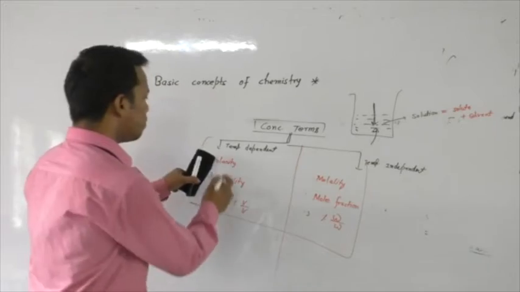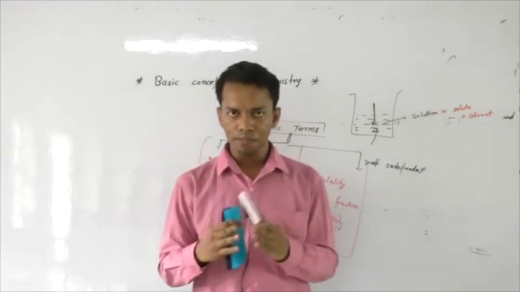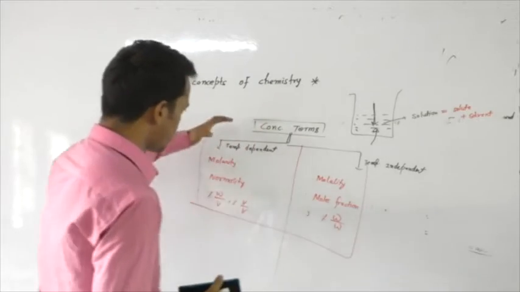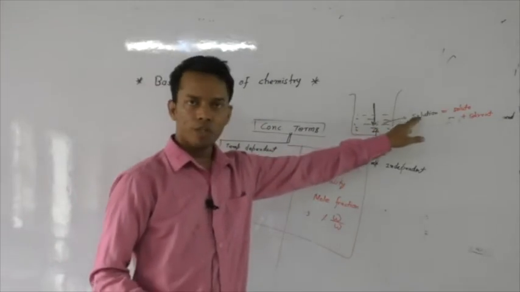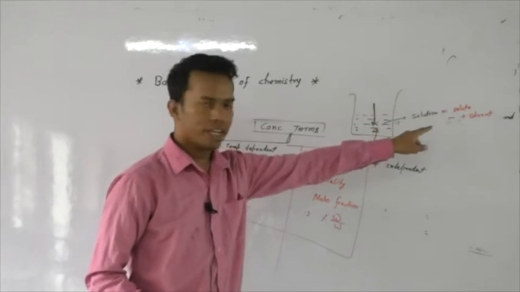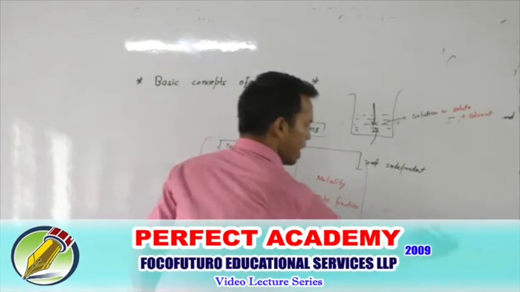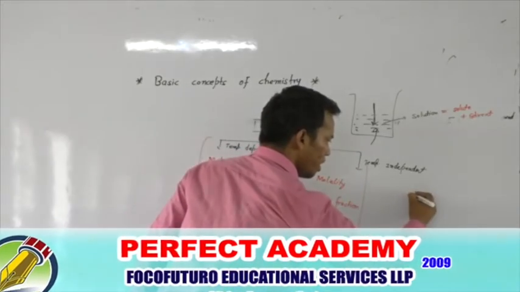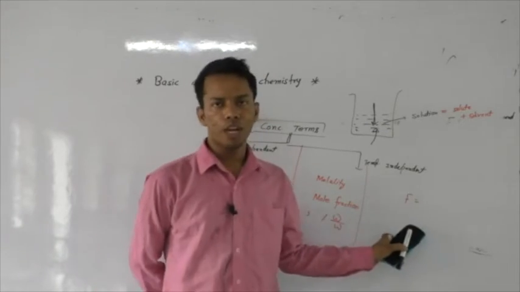So first is molarity. Okay, remember, while defining any concentration term, see, you know, in any solution there will be solute, there will be solvent, correct? So while defining any concentration term, I am giving a general formula, okay?